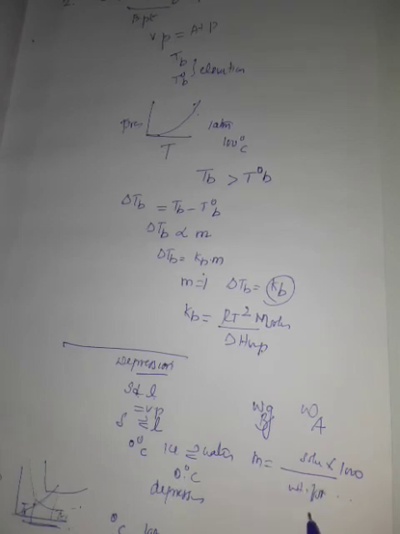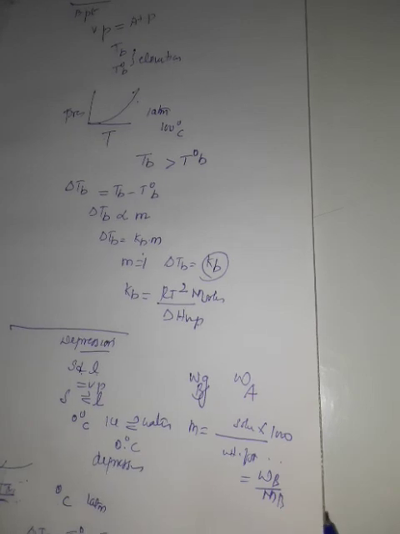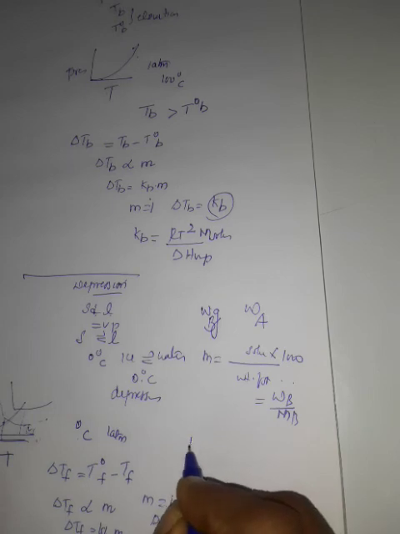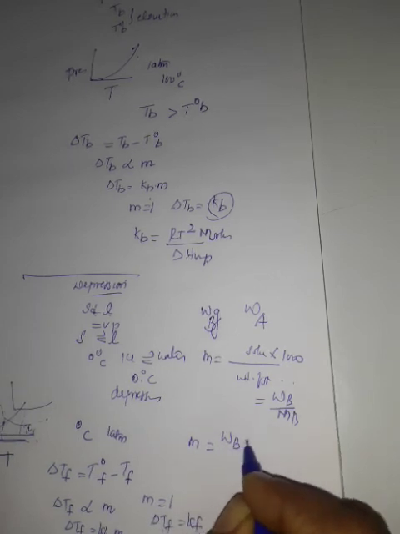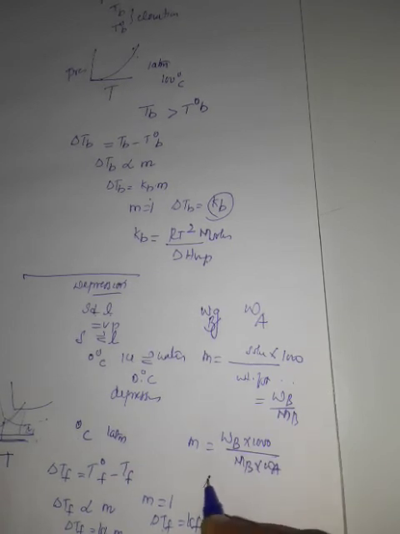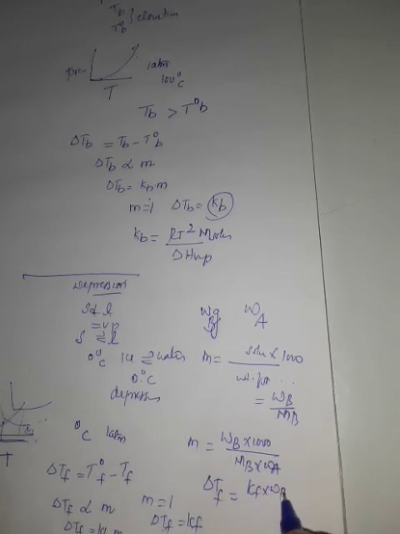The number of moles of solute is equal to WB by MB. Therefore, m is equal to WB into 1000 by MB into WA. So, delta Tf is equal to Kf into WB into 1000 by MB into WA.